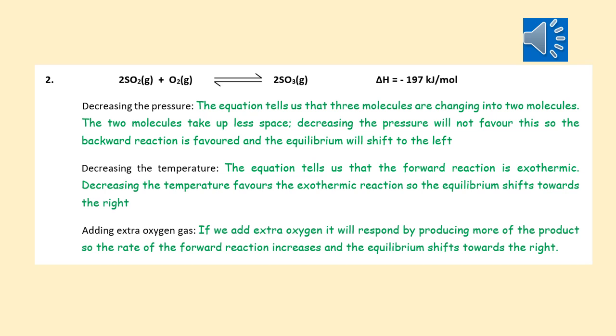Well, if we add more oxygen, then more oxygen will react with SO2 and make more SO3. It does that to counteract the change. You put in more oxygen and therefore more oxygen will react. And so that will favour the forwards reaction, so the equilibrium is shifted towards the right.